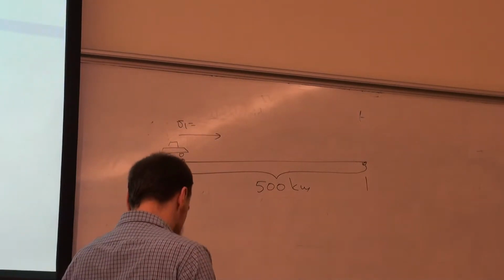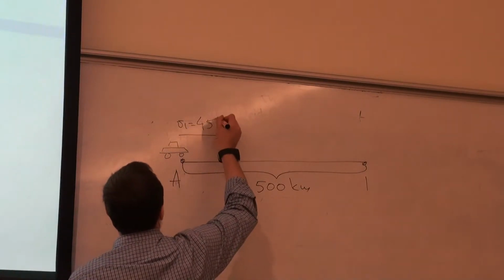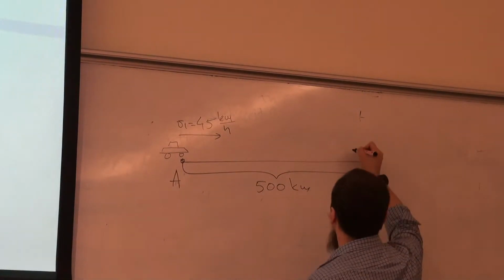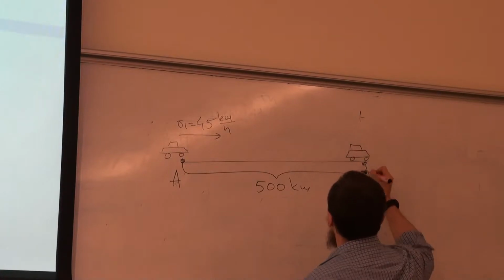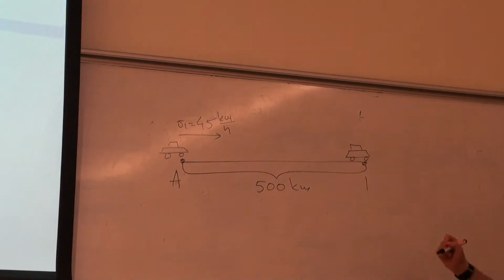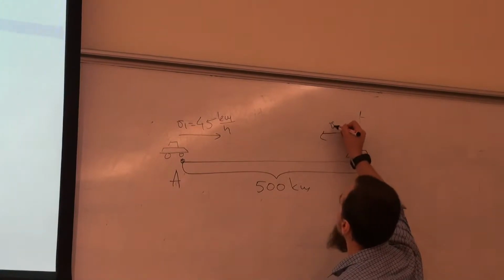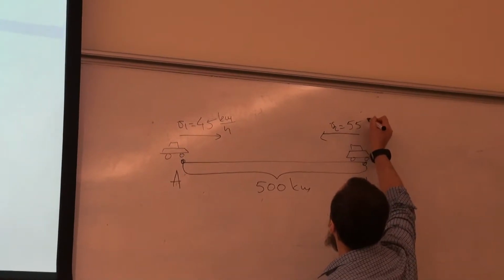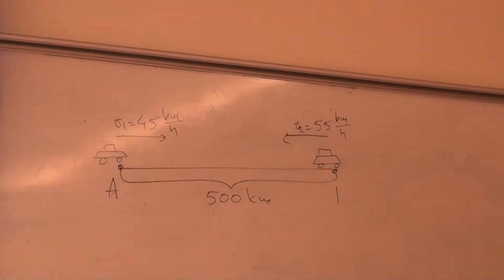Going from Ankara to Istanbul with a velocity of 45 kilometers per hour. There's another car. This is not a UFO, it's a car. And it's going from Istanbul to Ankara with the speed of 55 kilometers per hour. You know the formula that you have probably seen in your primary school.